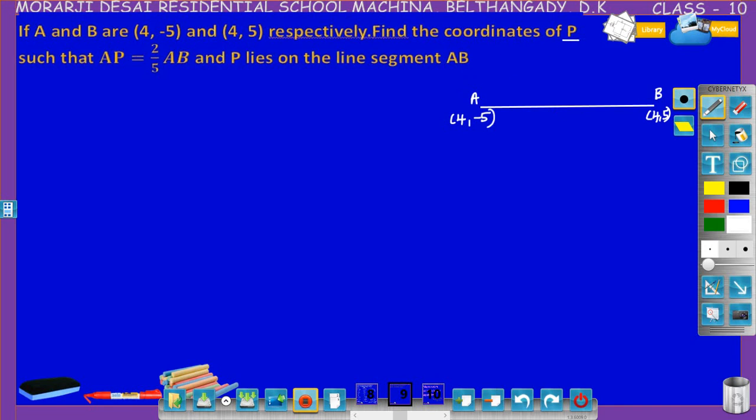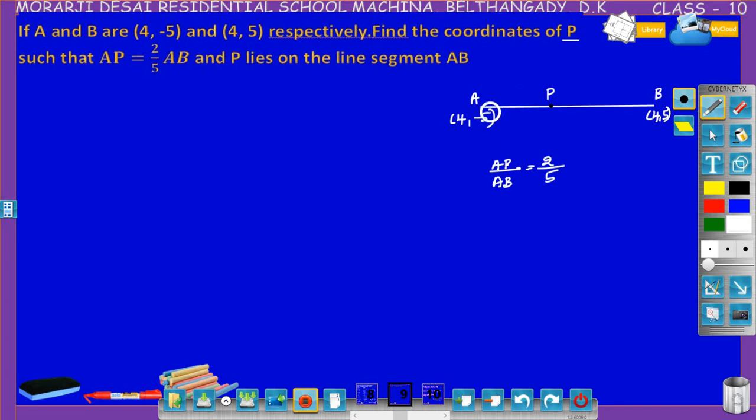P lies on the line segment AB such that AP by AB is equal to 2 by 5.